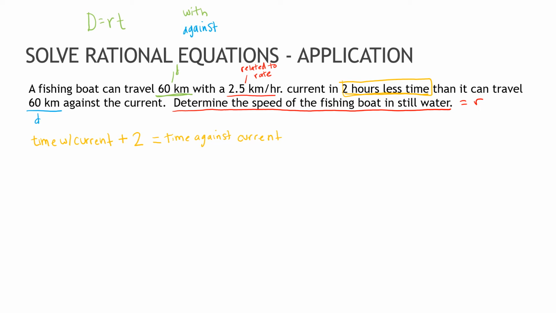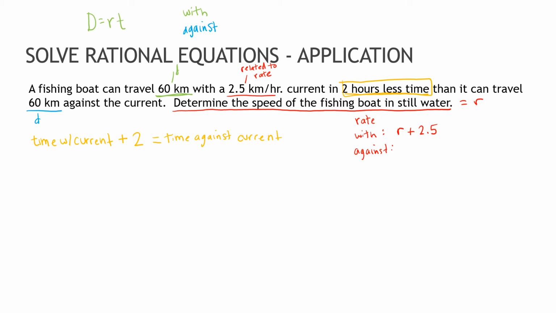So now let's look at how the rates are related. Let's get the red pen back out. Now I'm looking at rates. What do I know about rate? I'm going to say with current and against current. Well, if I am with the current, my rate is R, because that's the speed of my boat, but with the current means that the current is helping me go faster. So that's great. I guess I should have used green and blue.